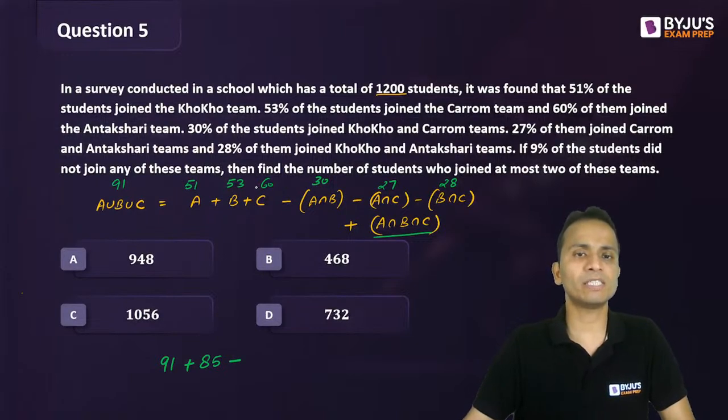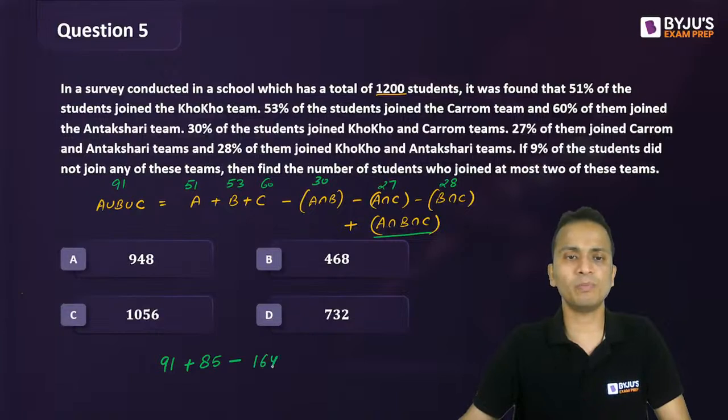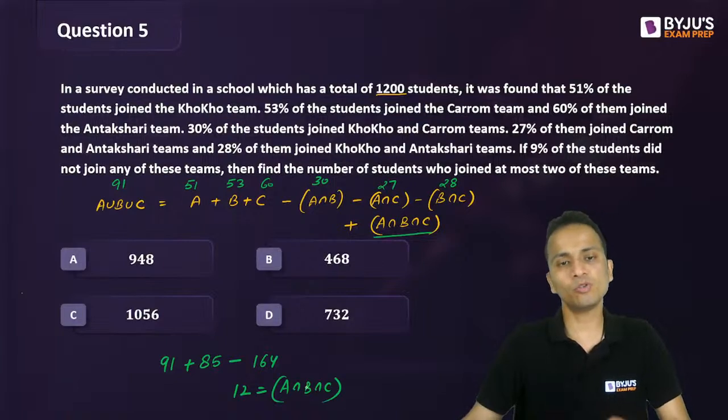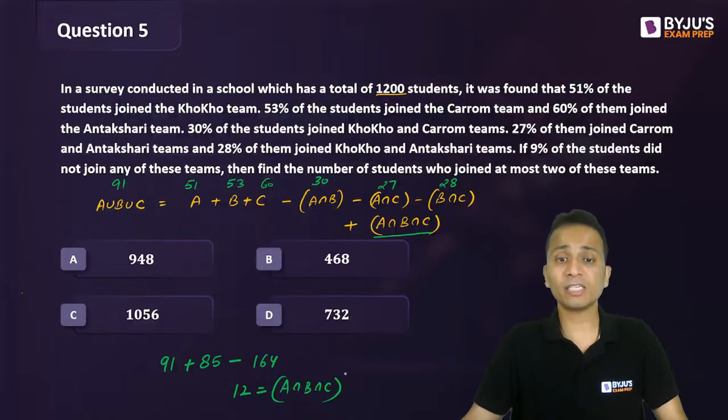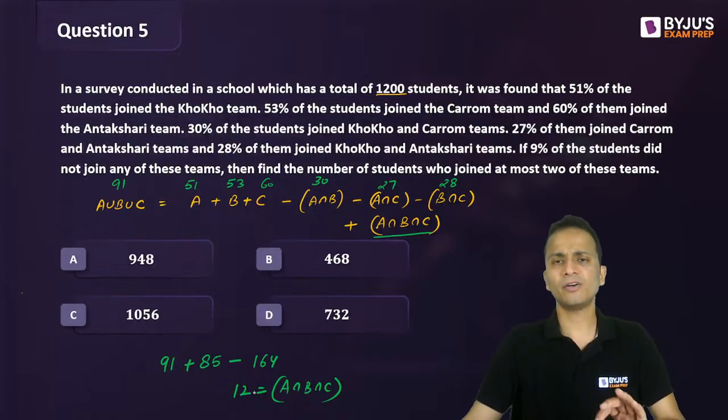So it is 164. 164 will be subtracted. So 176 minus 164, that is 12. So this will be 12. So A intersection B intersection C is equal to 12. All right. Am I clear to all of you? So this is 12 percentage, right?